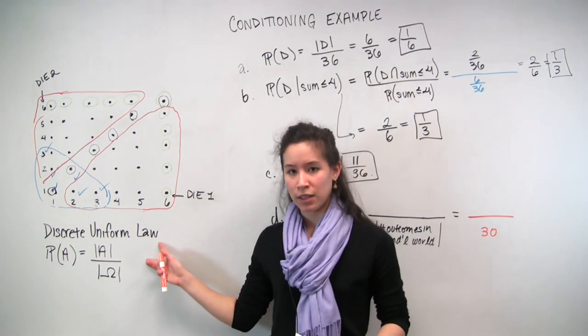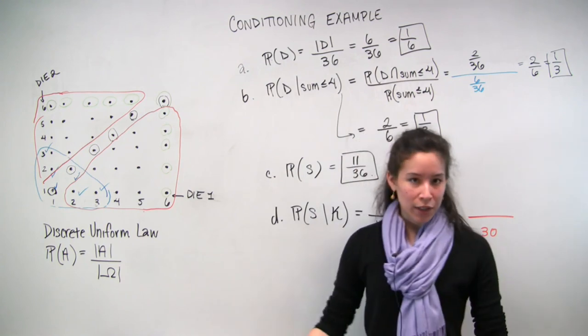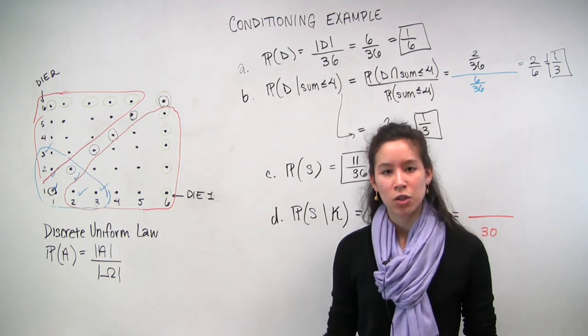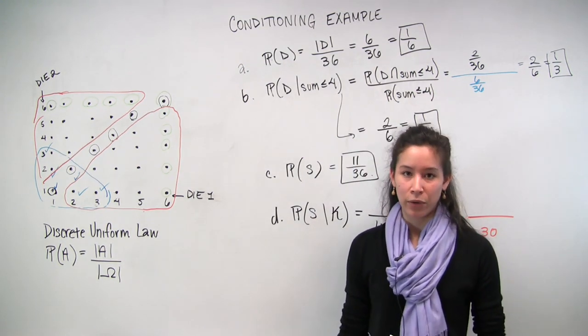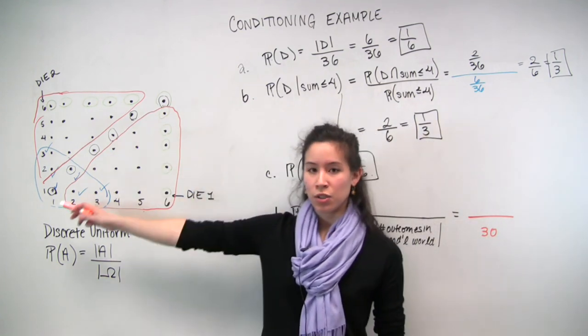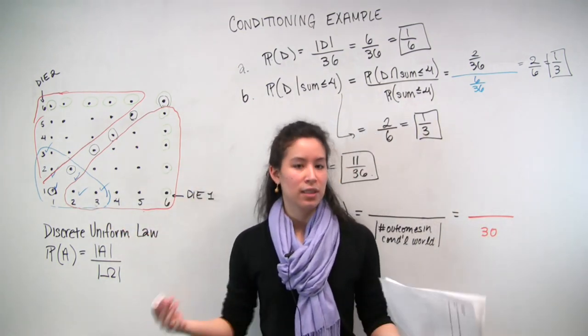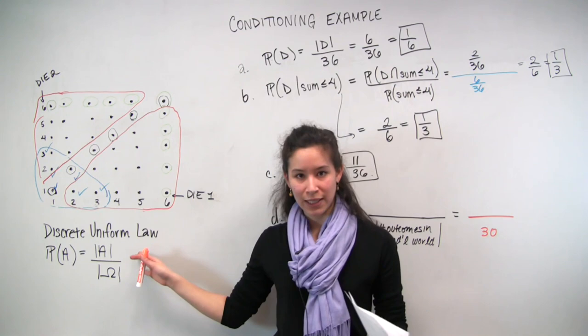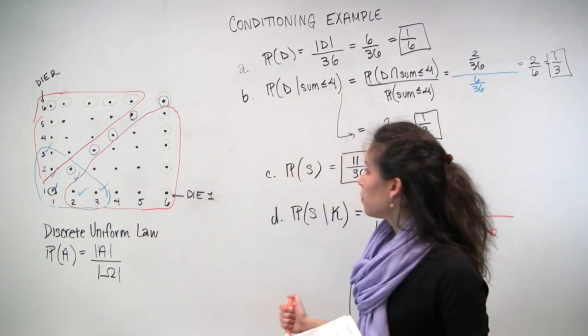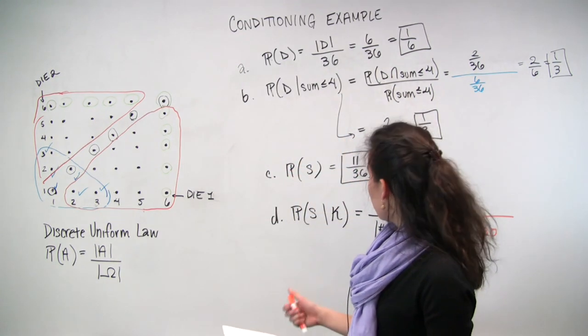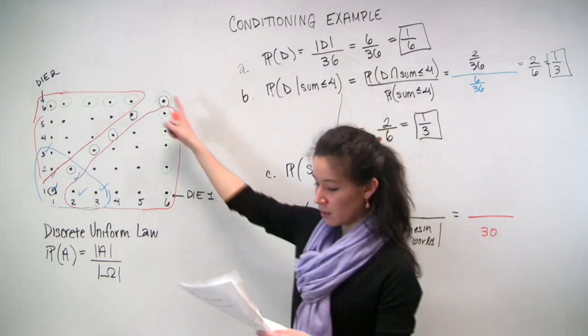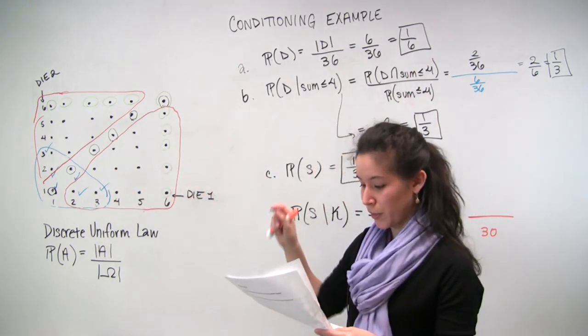The reason why we can do this is, as I argued before, that conditioning doesn't change the relative frequency of the outcomes. So in this conditional world, all of the outcomes are still equally likely, hence we can apply this law again.